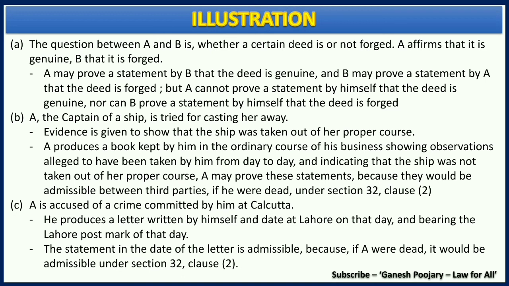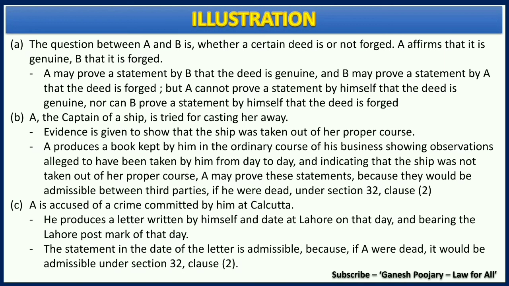Now here, if A is saying that the document is genuine and if it is a favorable admission to him, then that is not a relevant admission. Likewise, if B is saying that this document is forged and if it benefits B by doing so, then that is not considered a valid admission. I hope that's very clear. That's all about illustration A.